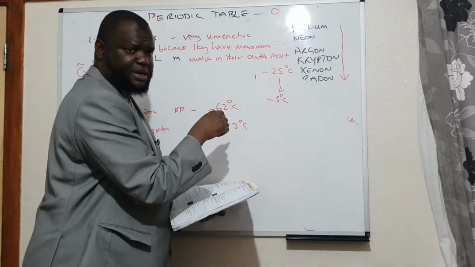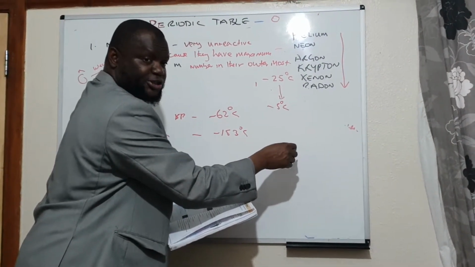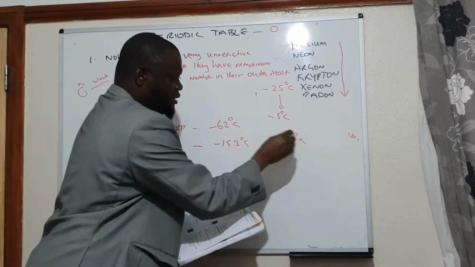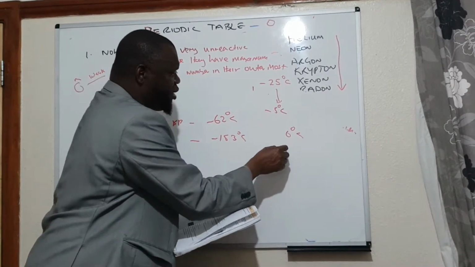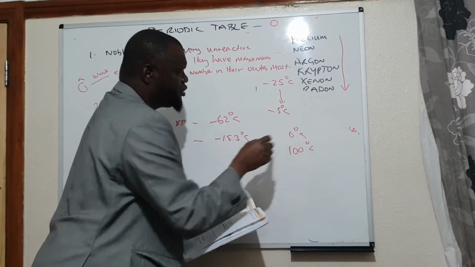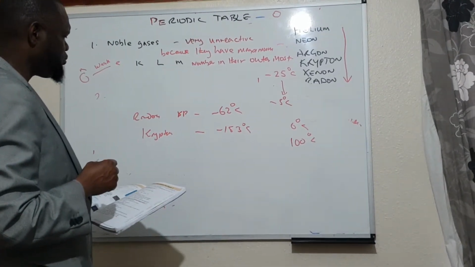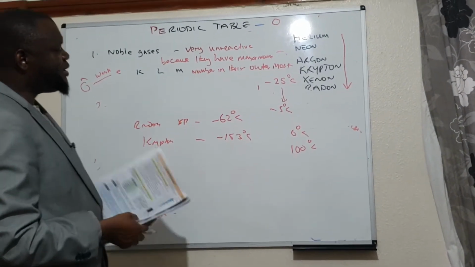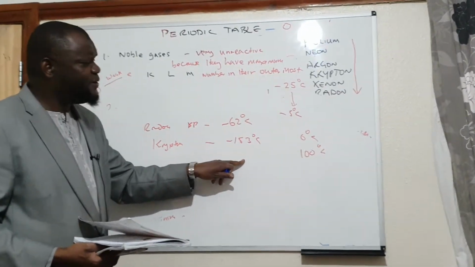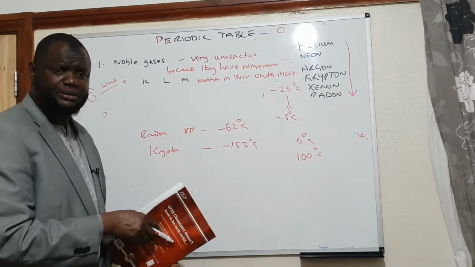The temperature at which water becomes solid, ice, is 0 degrees, and it boils at 100 degrees and turns to gas. So even if you apply a temperature of minus 15 degrees, which is far less than the melting point of water, this thing can boil.